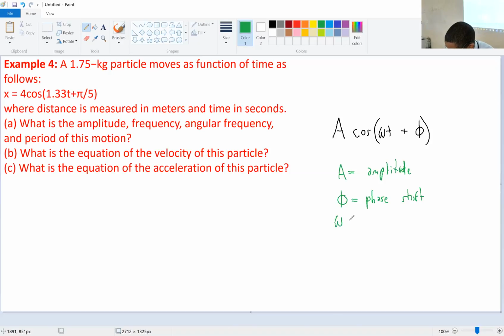And then here, we've got angular frequency, I think. And this one will actually come up in this problem.